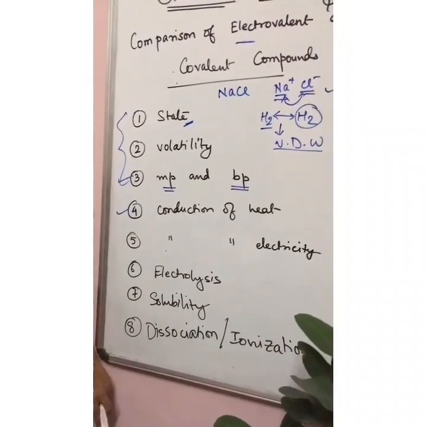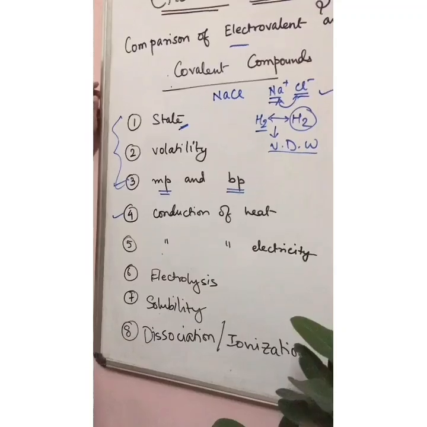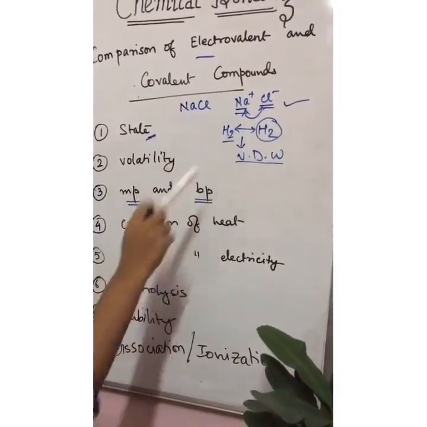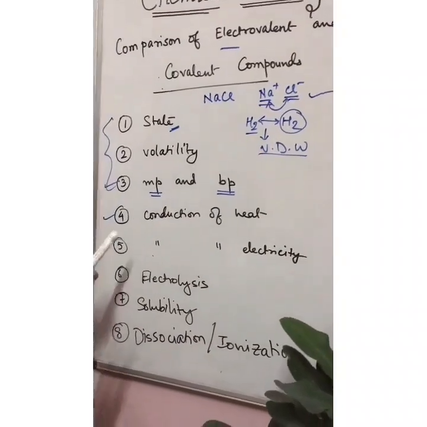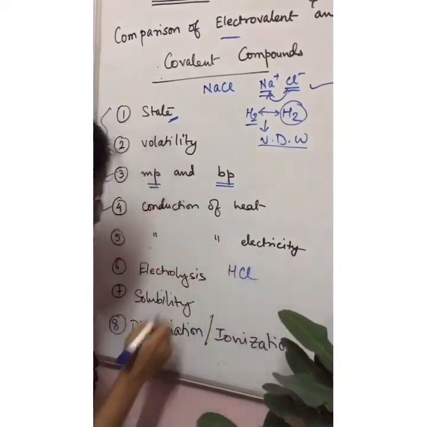Sixth point is electrolysis. In the chapter on electrolysis, we have seen that electrovalent compounds can undergo electrolysis, whereas covalent compounds can't. But let us consider the covalent compound HCl.